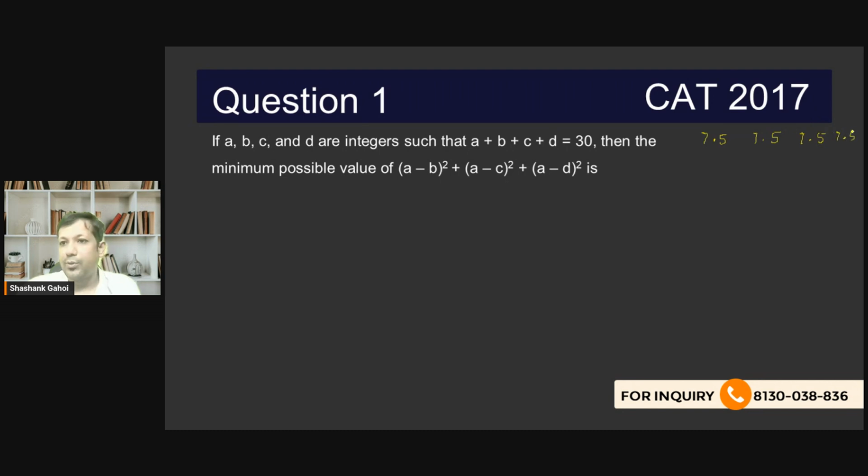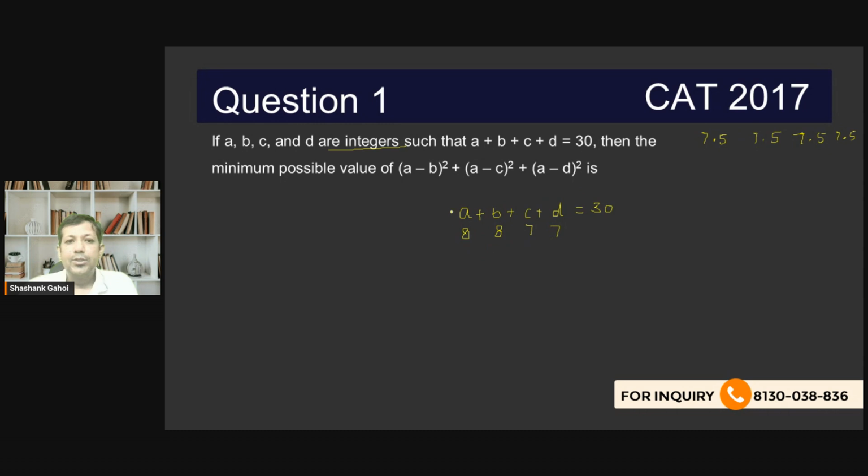I actually can't do it. And this question says all the numbers are integers. So A plus B plus C plus D equals 30, and I want to plug in all the values equal to each other or closest to each other. So I'm going to take 8, 8, 7, 7.